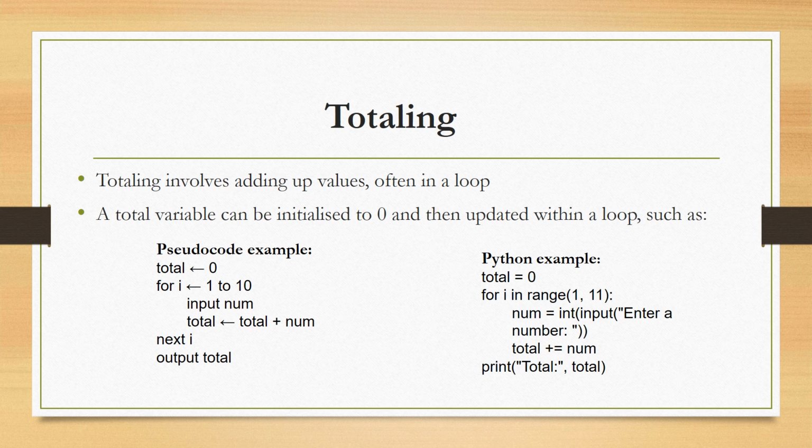Total variables can be initialized to 0 and then updated within a loop, such as, let's say total equals 0 initially, then I have used a for loop from 1 till 10, and then I am taking input, and all of those numbers I am adding to the total again and again until I reach the limit 10, and at the end I will be displaying the total. So in this way we can find the total.